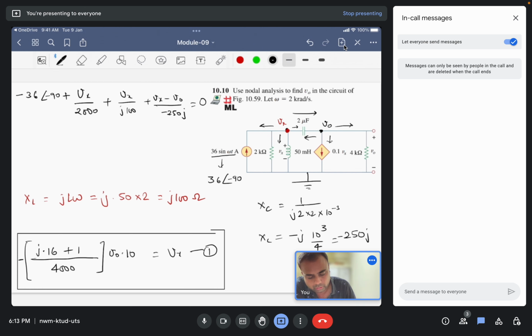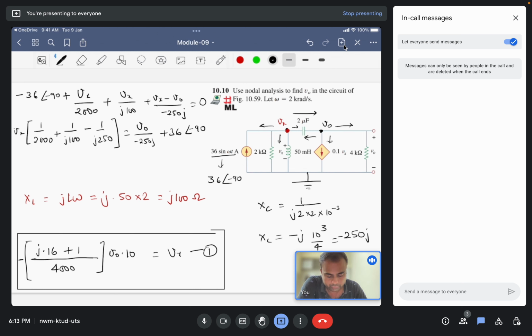So substituting Vx in the above equation, first of all take Vx common: 1 upon 2000 plus 1 upon J 100 minus 1 upon 250 J. So this is Vx, and this is equal to V naught divided by minus 250 J plus 36 angle minus 90 degree.